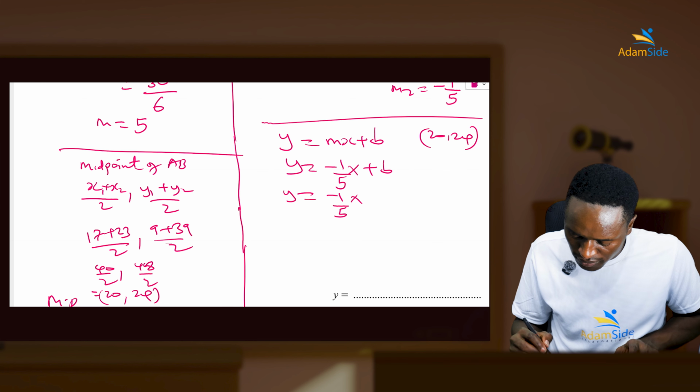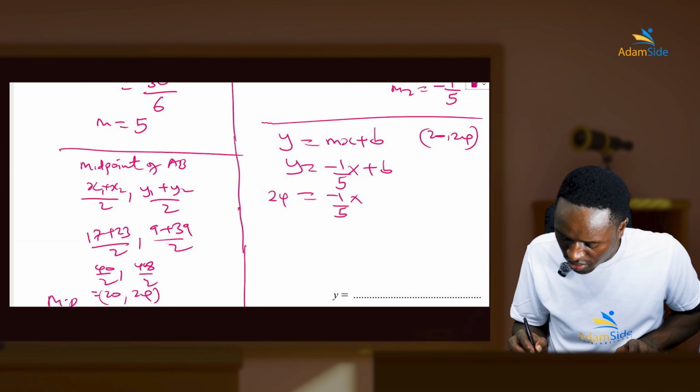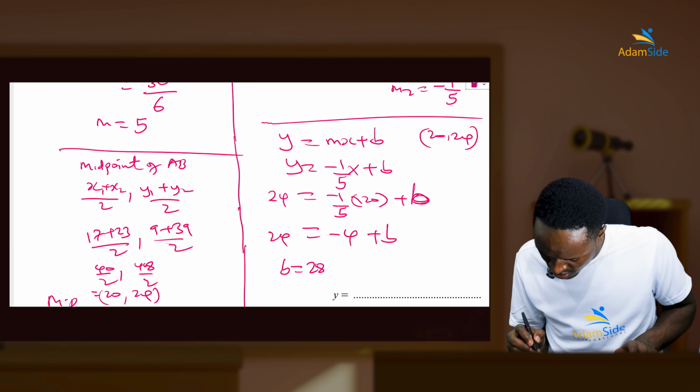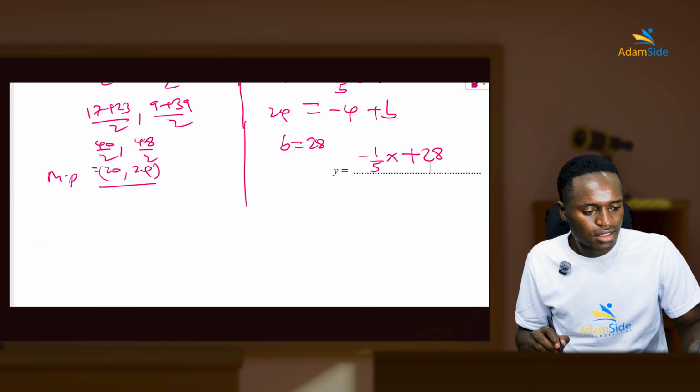Input there to get the intercept: negative 1 over 5 times 20 plus b. So what do you get here? You get negative 4 plus b is equal to 24. Take it to the other side, b is 28. Therefore, your equation will be y is negative 1 over 5 x plus 28. Wow, that's it.